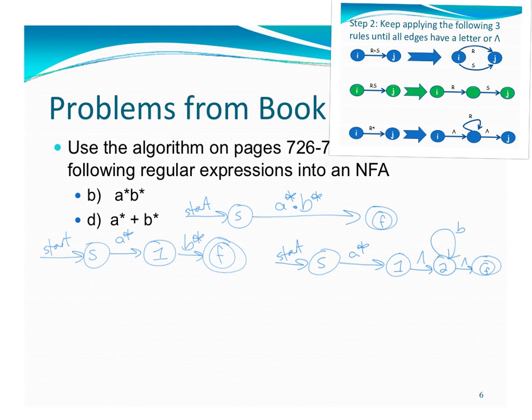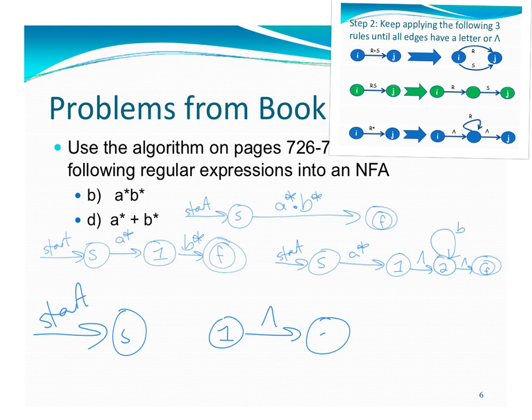So we're going to copy everything except for that one transition now. So we have our start and S, and we'll skip copying that one, but here's the one which has a lambda to 2 with a B loop and a lambda to our final state.